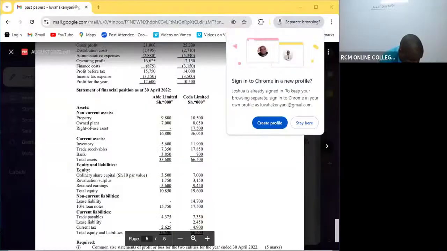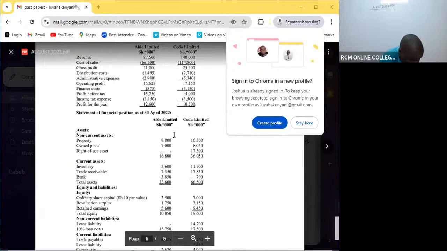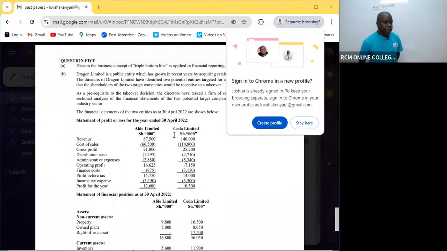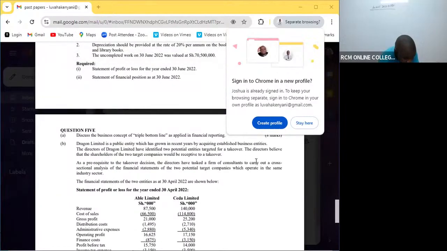Yeah, so the question is there, so hope you can see it. It reads, Dragon Limited is a public entity which has grown in recent years by acquiring established business entities. The directors of Dragon Limited have identified two potential entities targeted for a takeover. The directors believe that the shareholders of the two target companies would be receptive to the takeover.